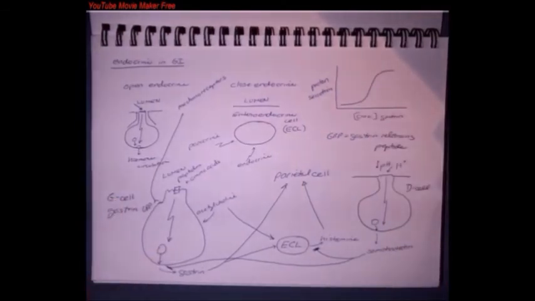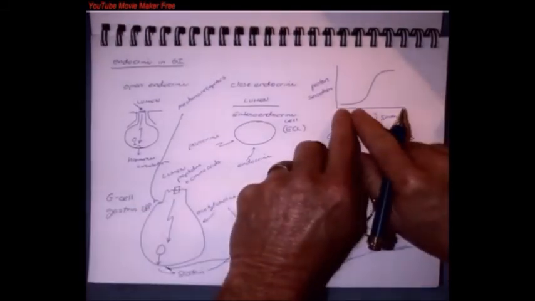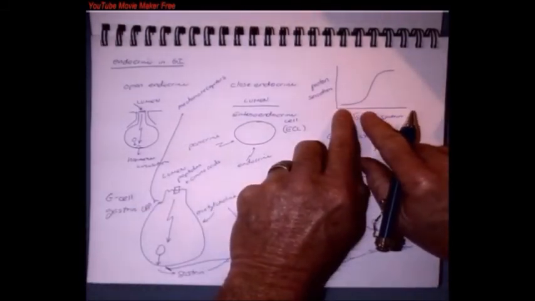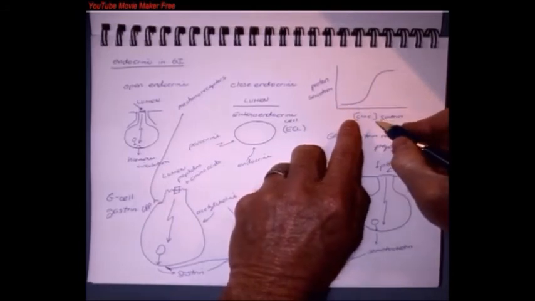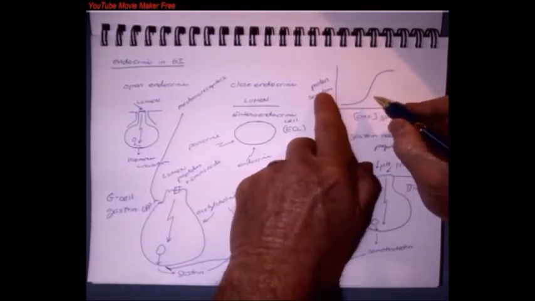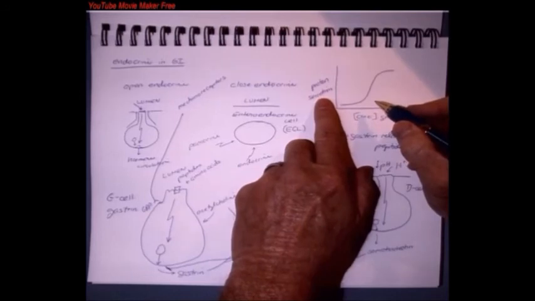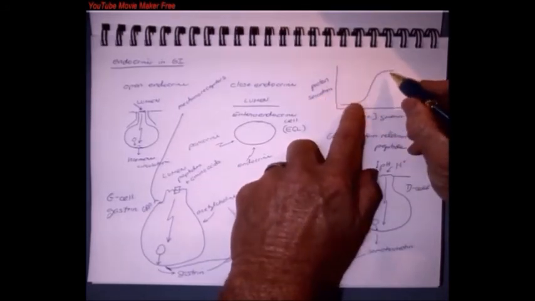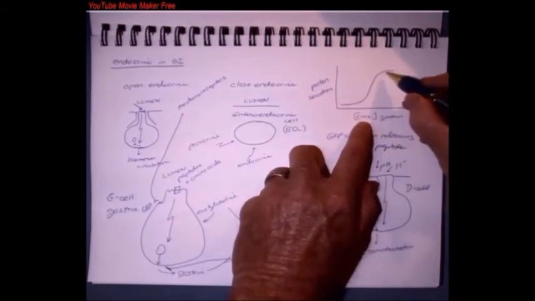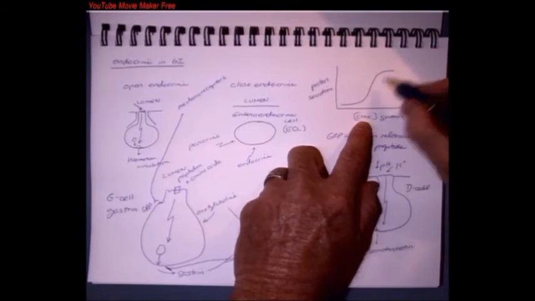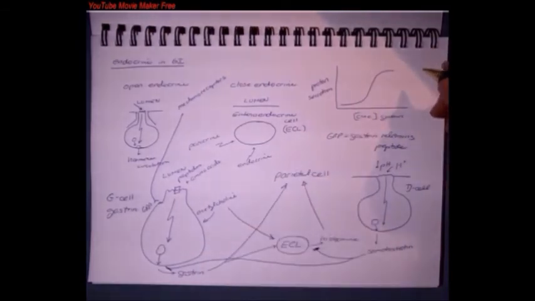That looks something like this. It's a sigmoidal effect. So the higher the concentration of gastrin we're adding, we finally get to a threshold activating the gastrin receptor, and now we start seeing proton secretion by the parietal cells. Eventually it saturates out. If we ever got that far, we don't get that far physiologically, but we would see that we'd saturate the receptor in signaling, and of course it would dampen out there.